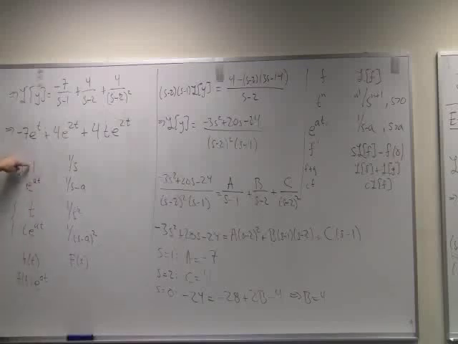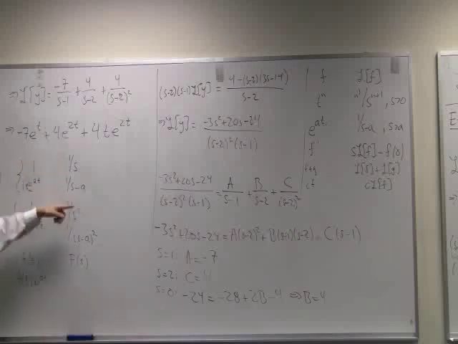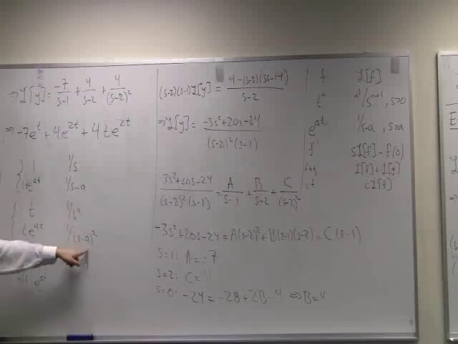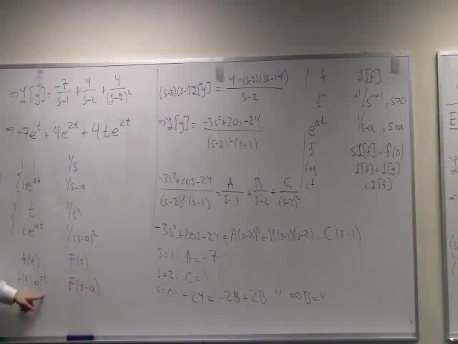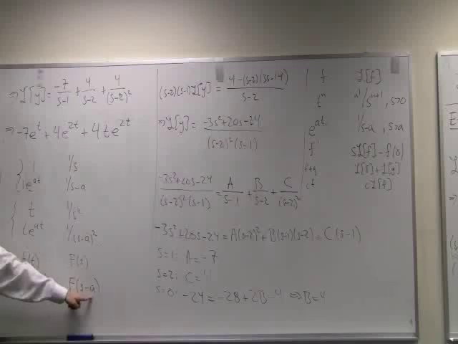F of s minus a. Look at that. E to the at shifts it by a. So a reasonable guess is that e to the at is going to shift any function by a. This is why it's sometimes called the shift property.